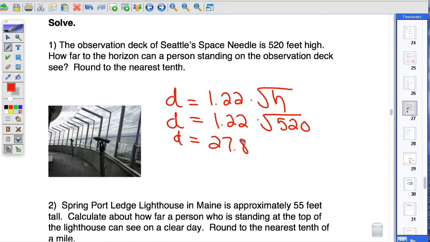And that would be in miles. So that means that if you were on the observation deck at the Seattle Space Needle and it was 520 feet high, you could see about 27.8 miles on a clear day.